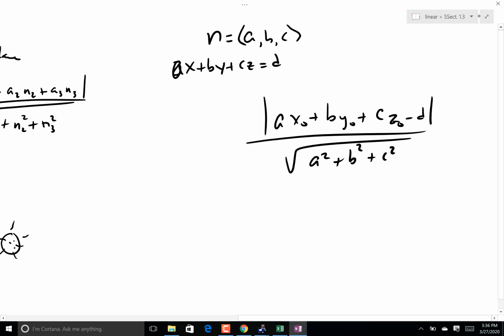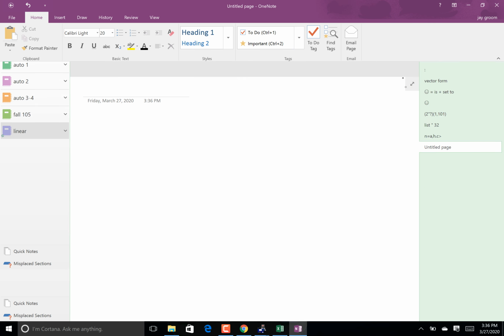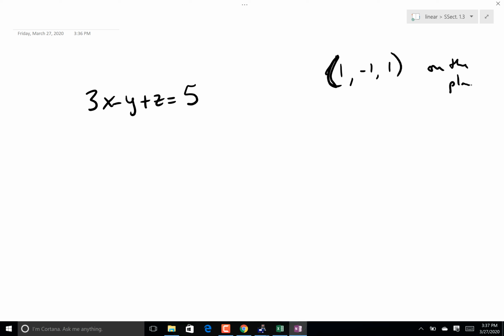Okay, so let's try that just for fun. So let's say I have a plane that is 3x minus y plus z equals 5. Sure, cool. And there is a point (1, -1, 1) that is currently on the plane, obviously on the plane. Cool.